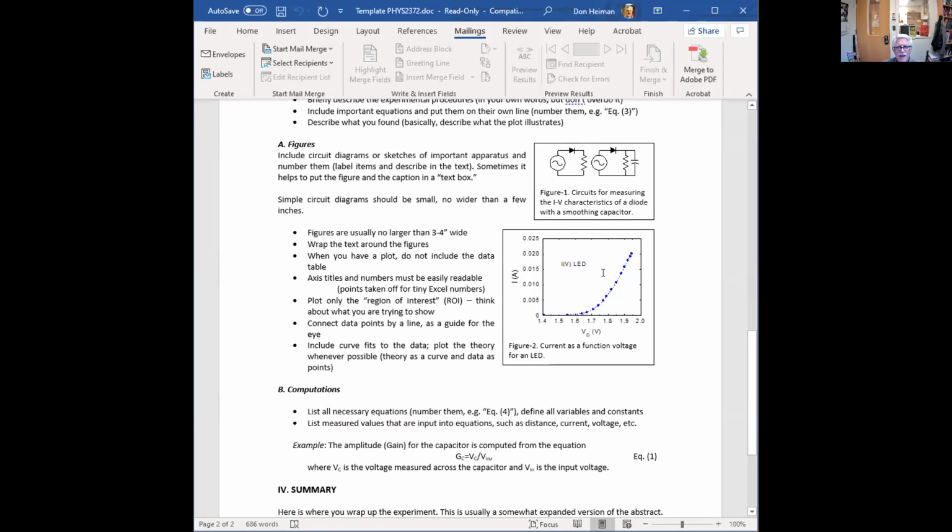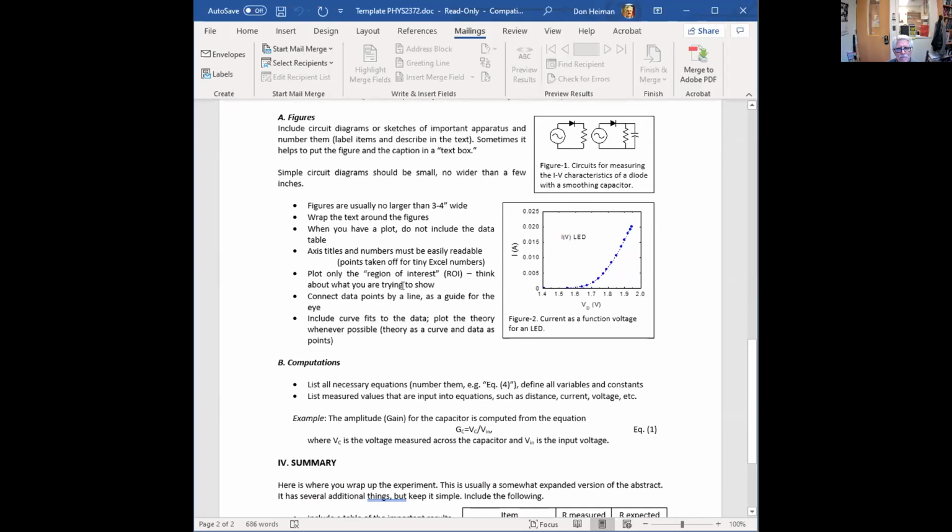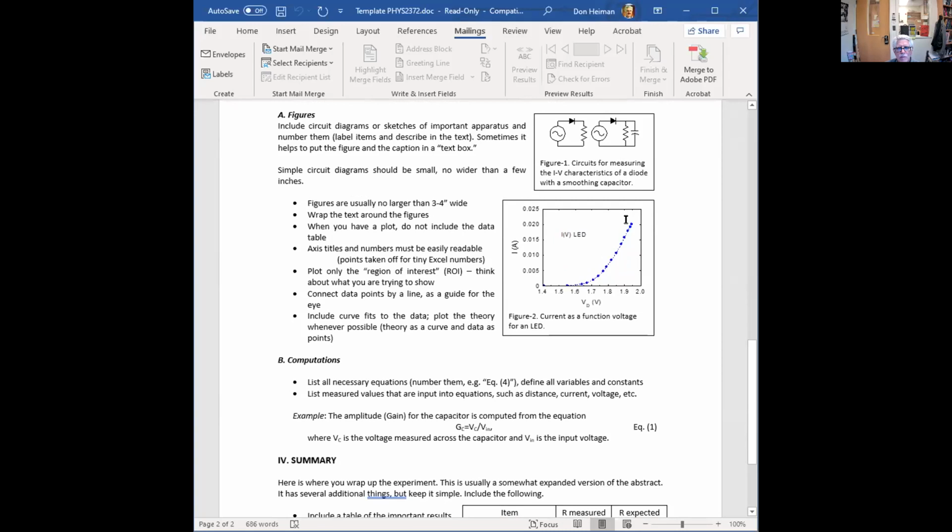Excel is so bad at giving you very small fonts on some of the numbers, and if you can't read it, you know, the TAs are going to take points off. They're too small. Remember, connect points unless you have a theory, and then put the theory that fits the data.